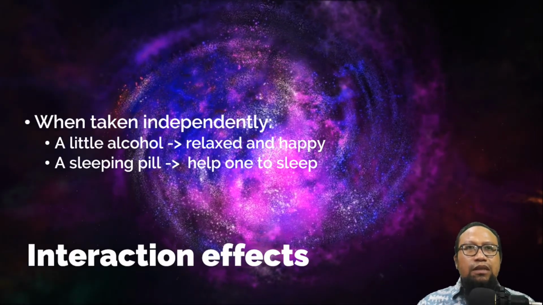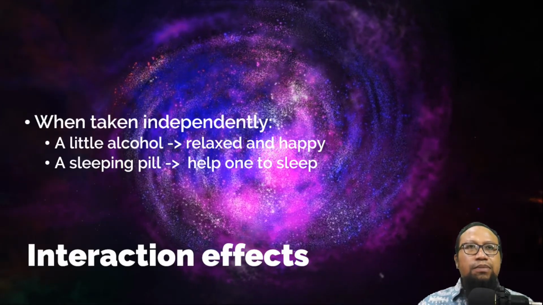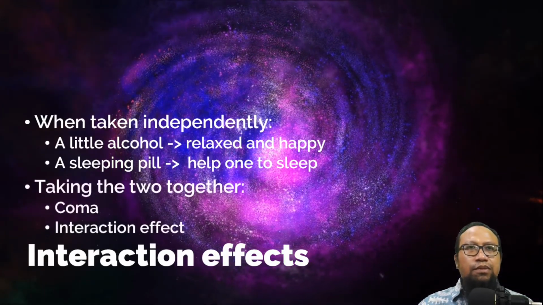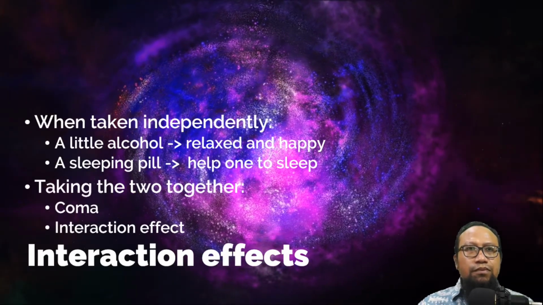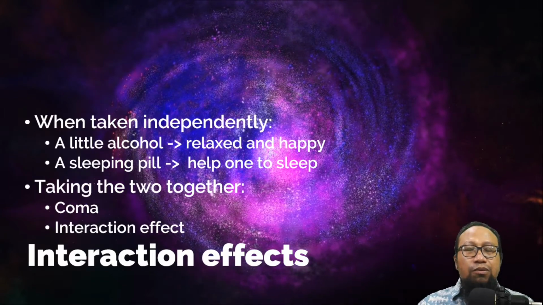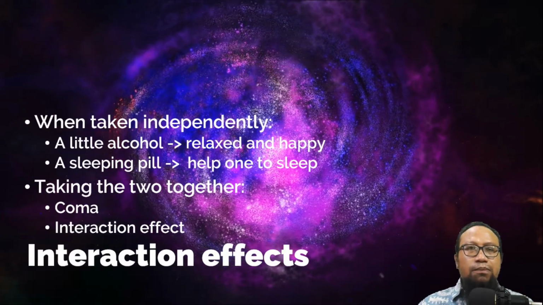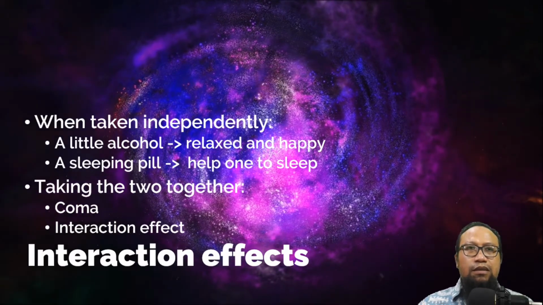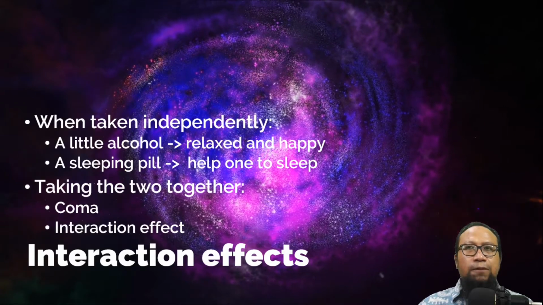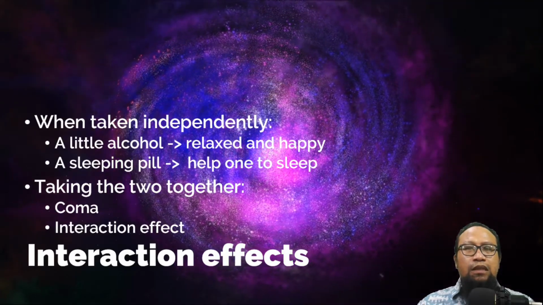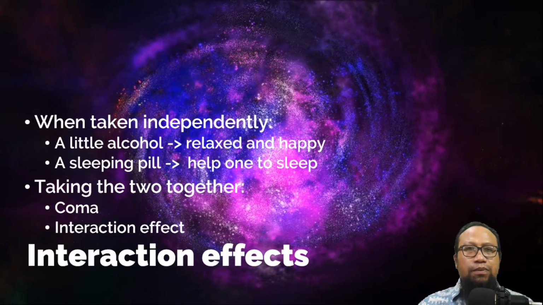So alone, these two are not harmful. But when we take them together, it will make one go into a coma, or perhaps end up dead. So this is an interaction effect, an interaction between the consumption of alcohol and sleeping pills.